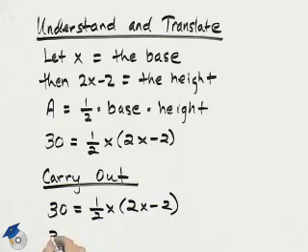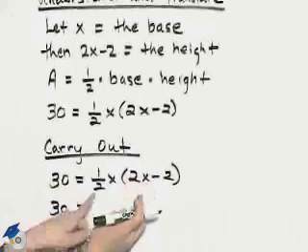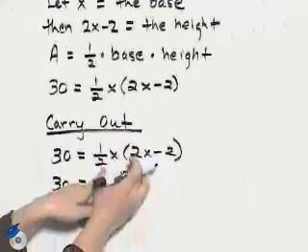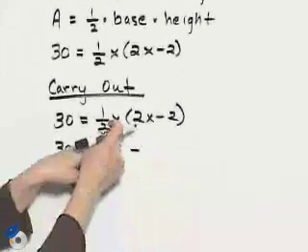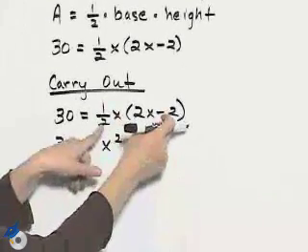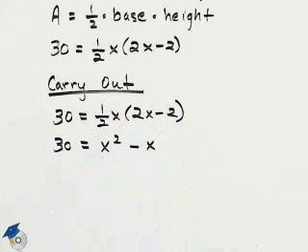So on the left-hand side, we'll have 30. I'll have 1/2 x times 2x. Notice that 1/2 times 2 is actually 1, so I'm left with x squared. 1/2 x times 2, again 1/2 times 2 is 1, so I'm left with x.